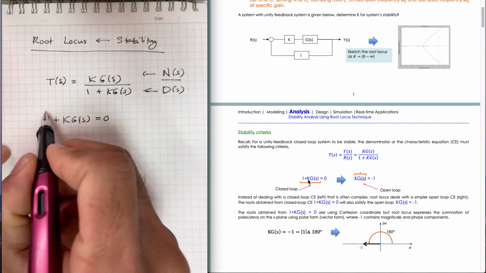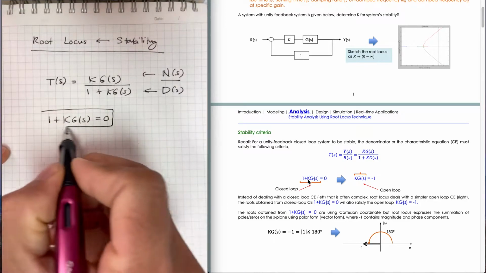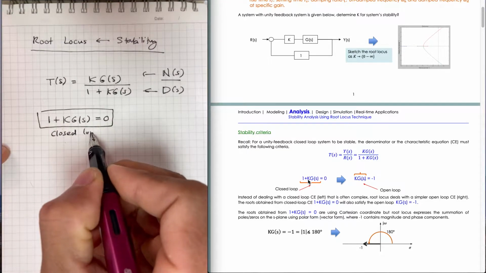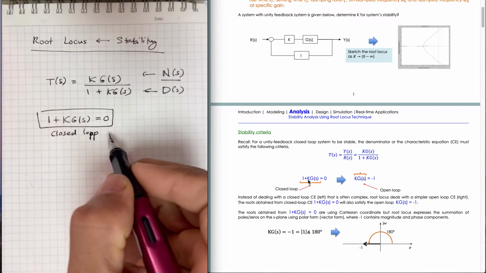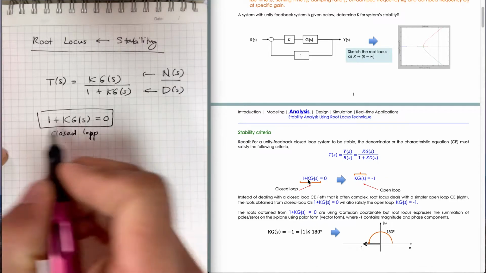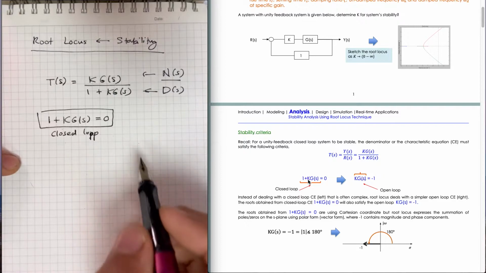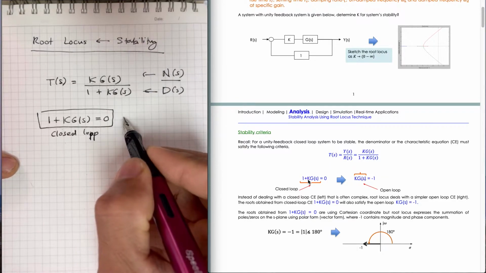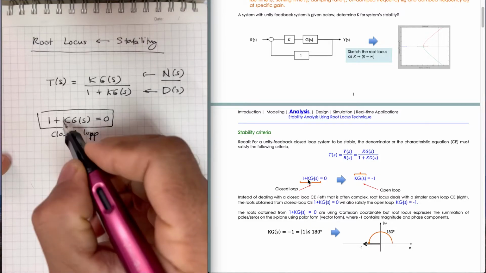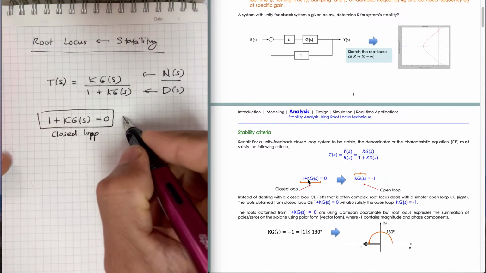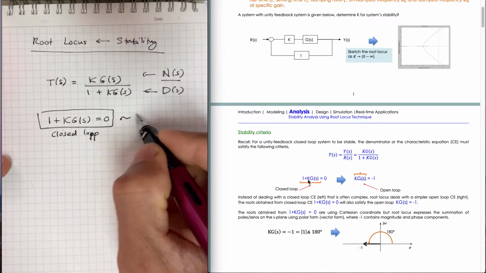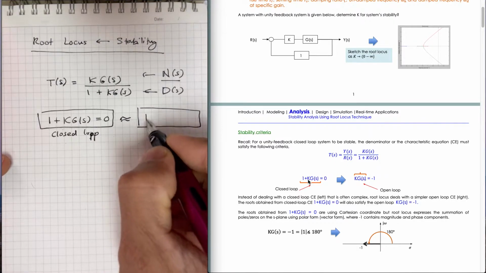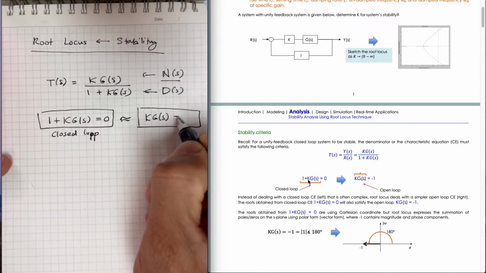We call this the closed loop denominator of the closed loop system. We can also manipulate this equation to get KG(s) equal to -1.